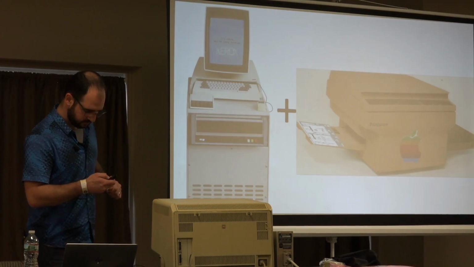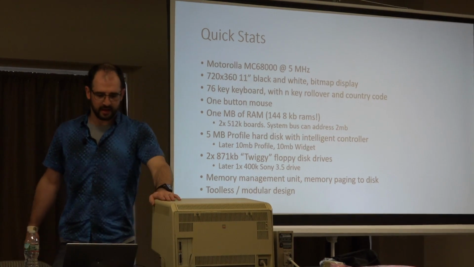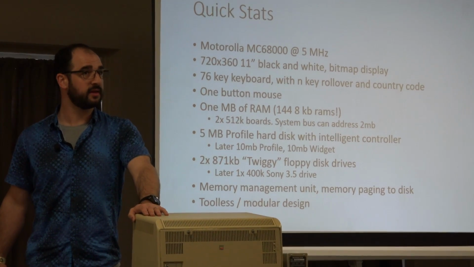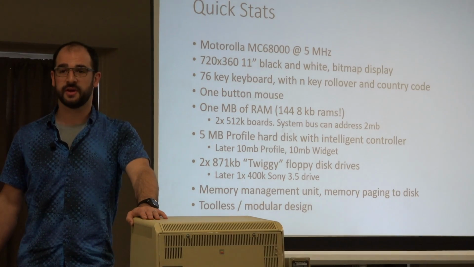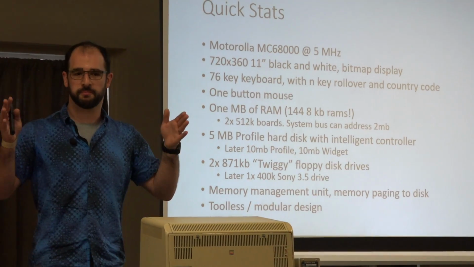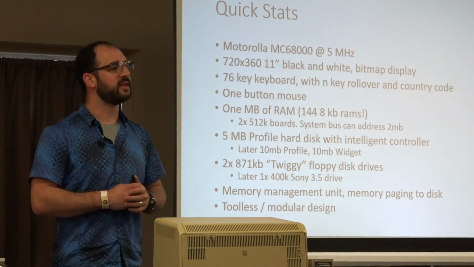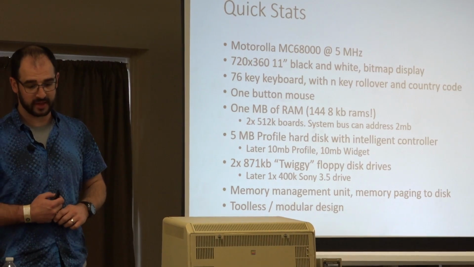So, a little bit of quick stats. Lisa is a 68,000 machine. Apple, in the late 70s, wanted to design the next generation of office computer for business professionals. And early on, they decided that they were going to need the power of the 68,000 to accomplish that.